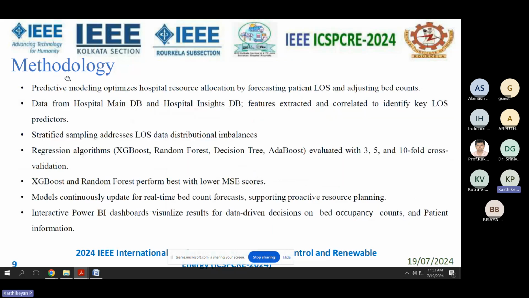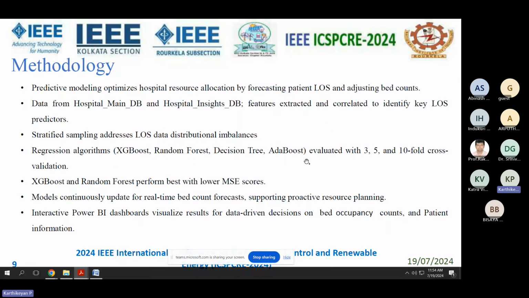Our main methodology is developing a predictive model that can be applied directly to the hospital database. In our total data set we used 2 million records, which is 20 lakh. That is huge for a machine learning model, so we performed stratified sampling to extract only relevant information, then applied regression algorithms: XGBoost, random forest, decision tree, and AdaBoost.